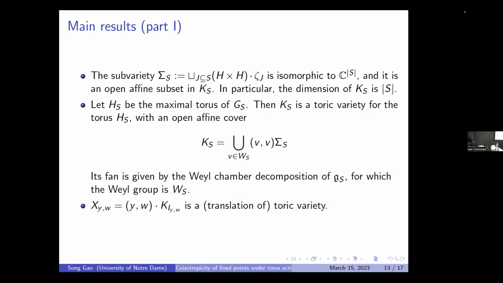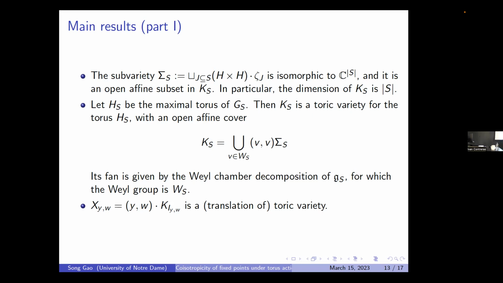And the structure of Ks is a toric variety, and its fan is given by the Weyl chamber decomposition of GS, for which the Weyl group is W sub S. And here, this is an affine open cover for the toric variety.